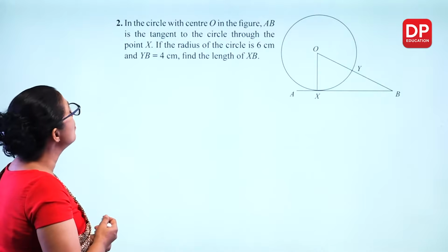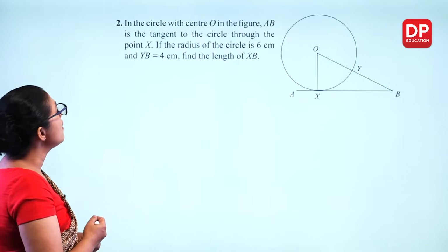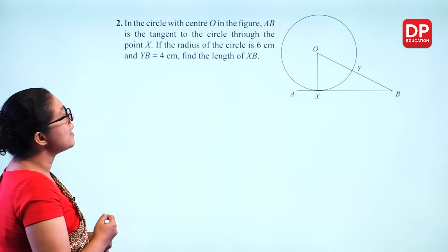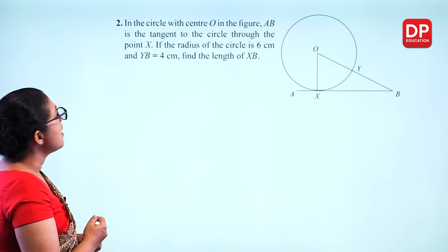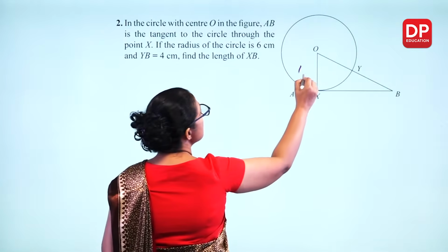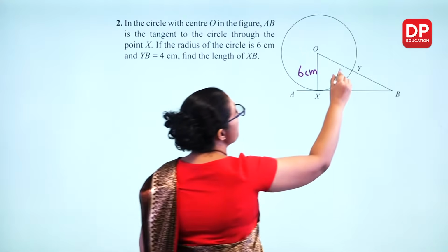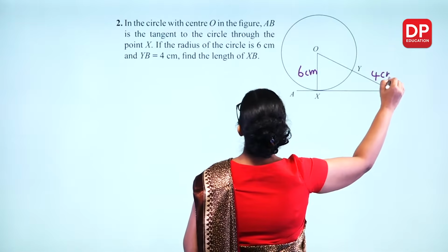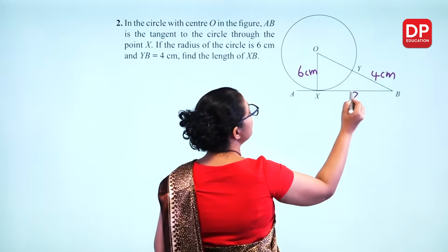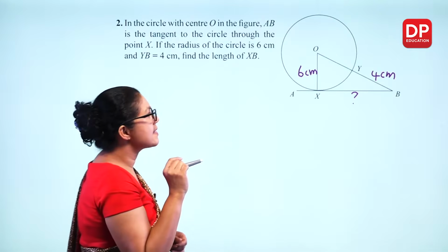Question number 2. In the circle with center O, in the figure, AB is the tangent to the circle through the point X. If the radius of the circle is 6 centimeters and YB is 4 centimeters, find the length of XB. So the radius is 6 centimeters.